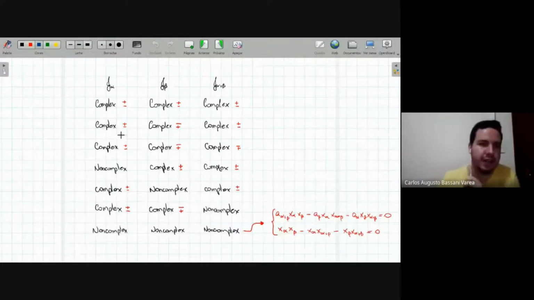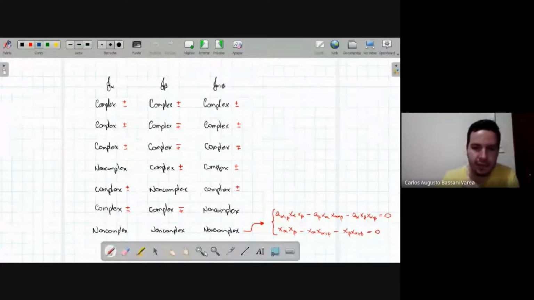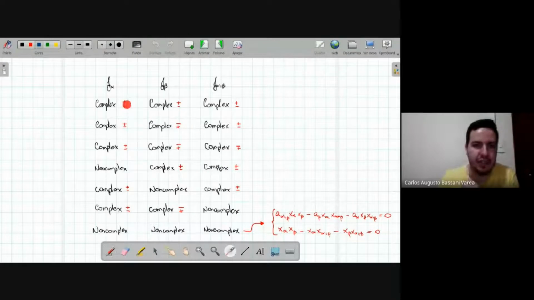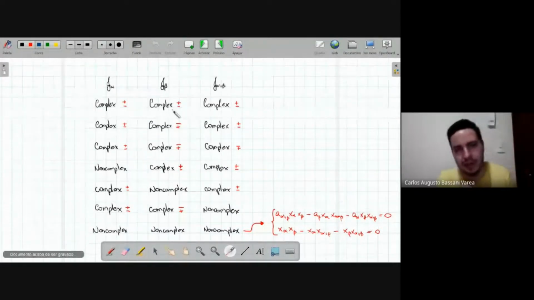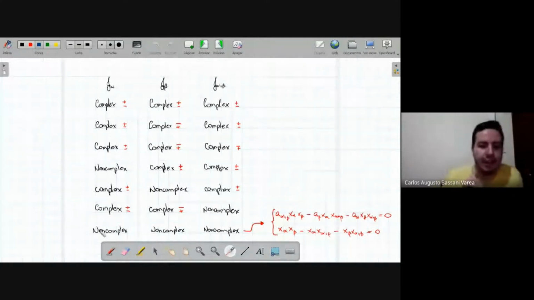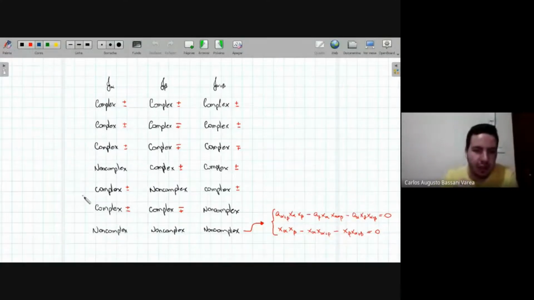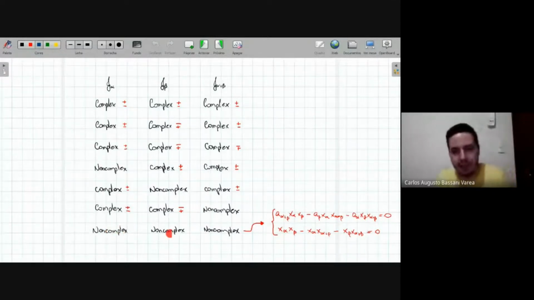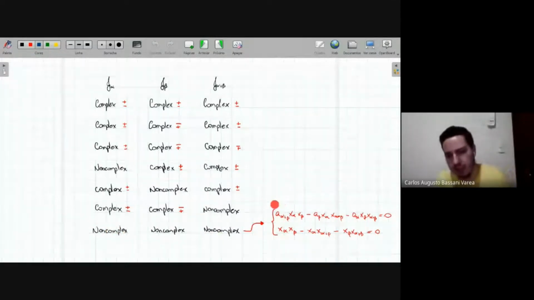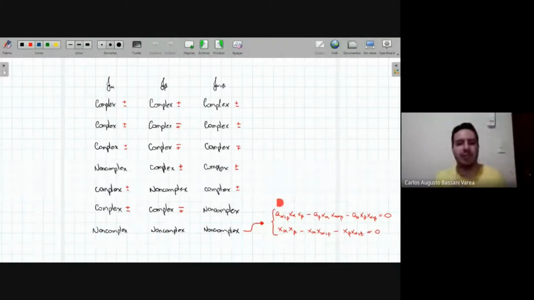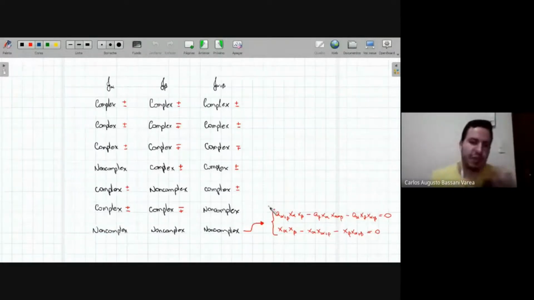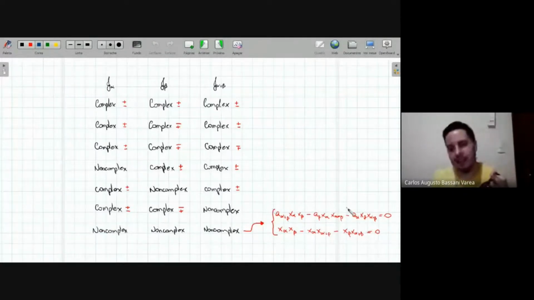Here we have the signs associated to the complex structure: plus, plus, plus, or minus, minus, minus, and so on. And in the last row, where only non-complex type structures appear, we have this additional algebraic condition to be satisfied. So it will be integrable if it also satisfies this linear system.